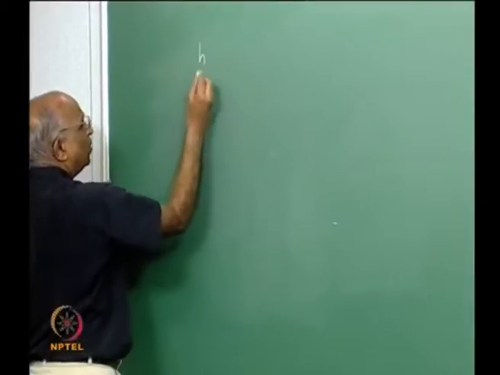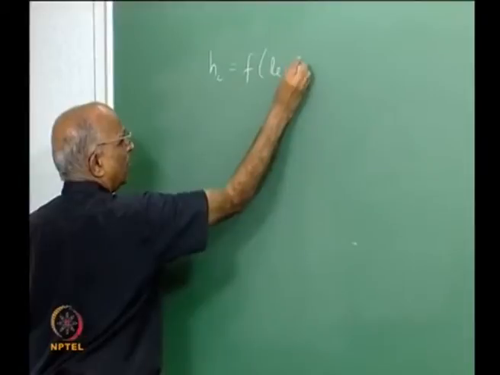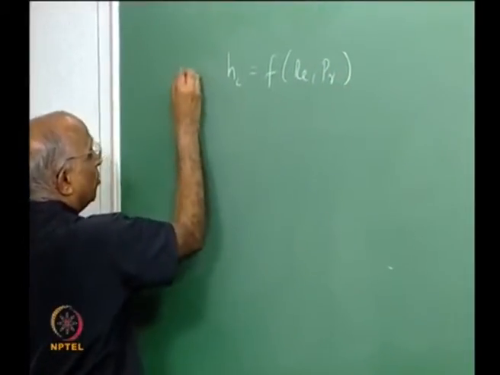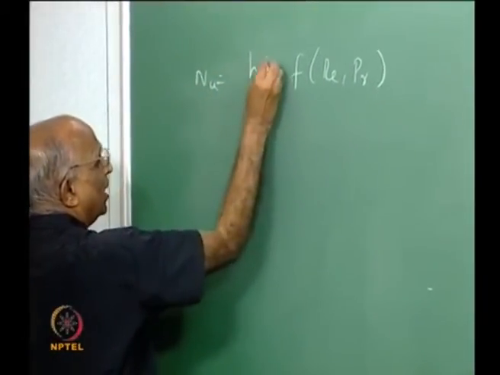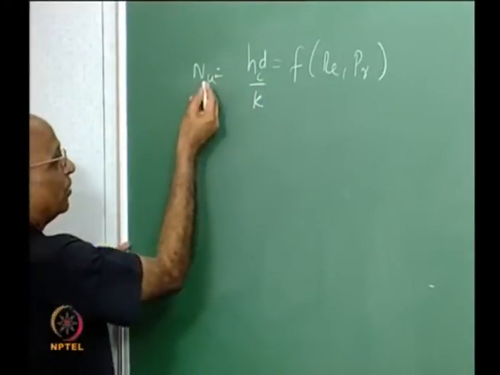You calculate the new value of heat of convection h as a function of Reynolds number and Prandtl number, and this we write in terms of Nusselt number. Nusselt number is equal to hd by k, and therefore I can always find out the Nusselt number.